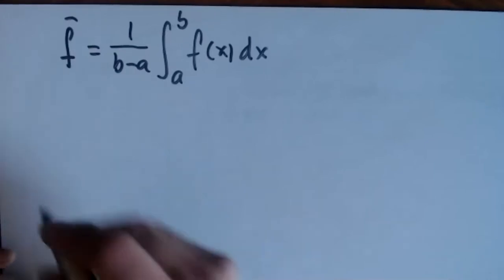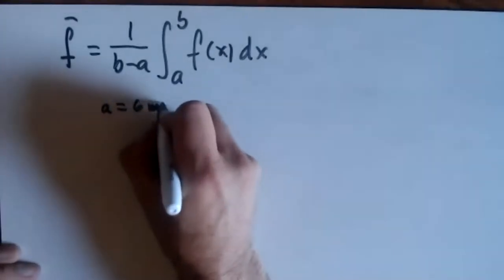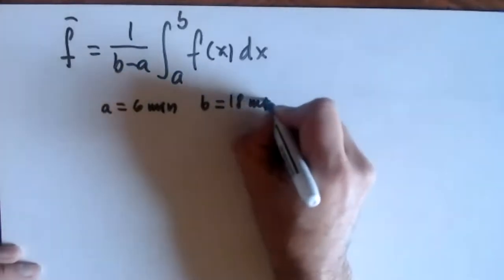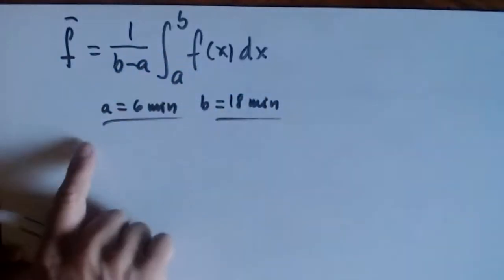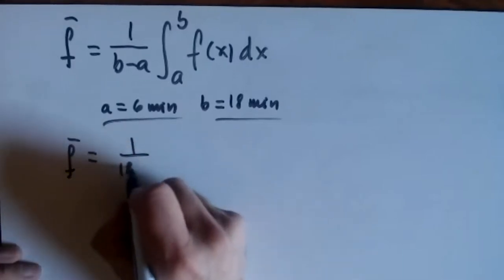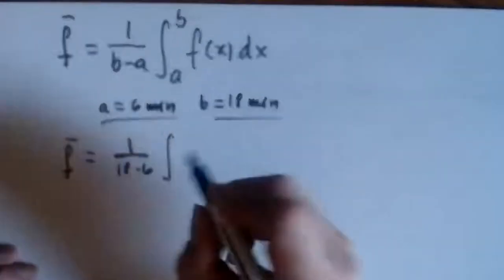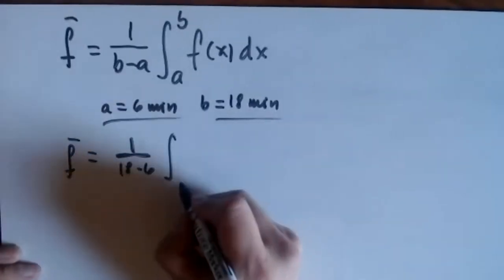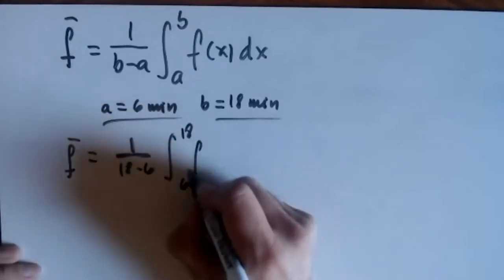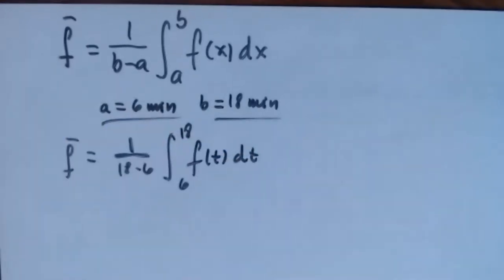So in this case, they tell you, I want a equals 6 minutes and I want b equals 18 minutes. So that's the interval they gave me. So the average value of the function is going to be 1 over 18 minus 6, integral from 6 to 18 of f of t dt.